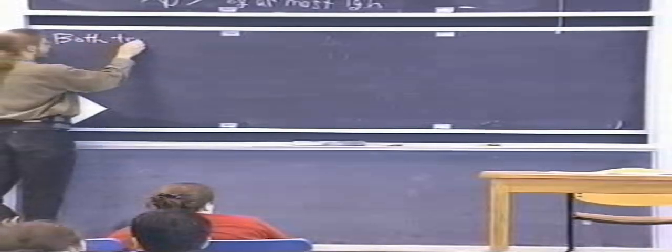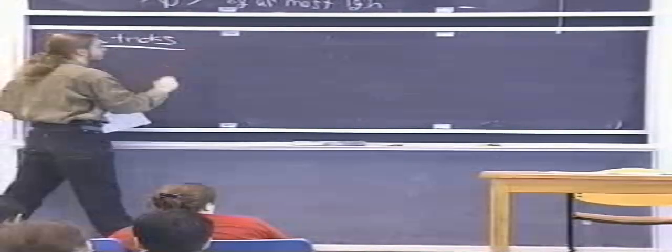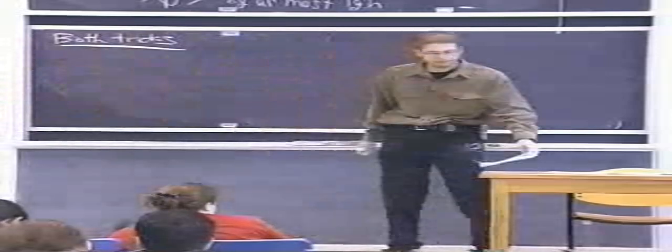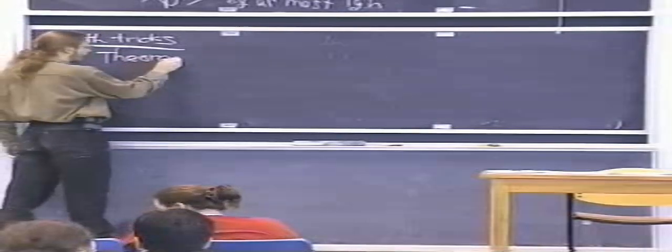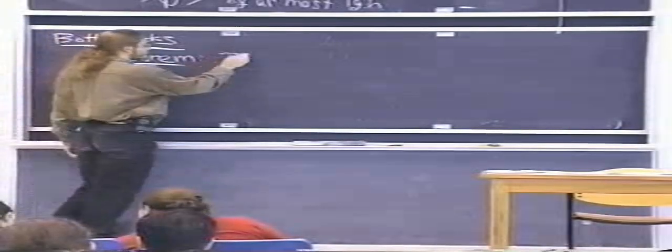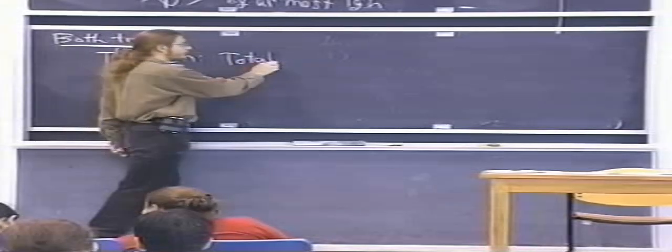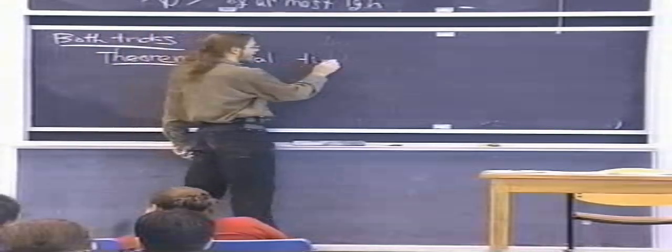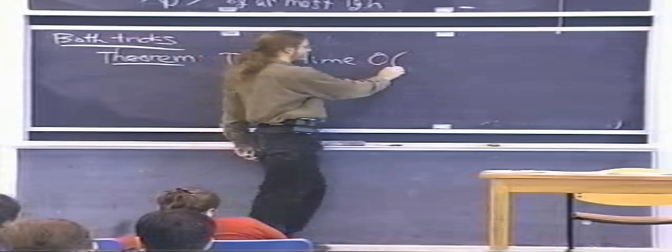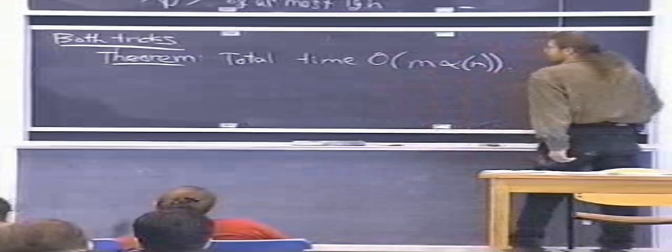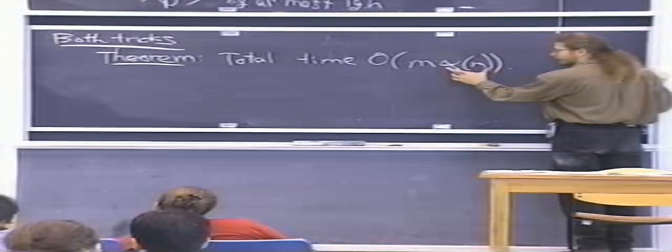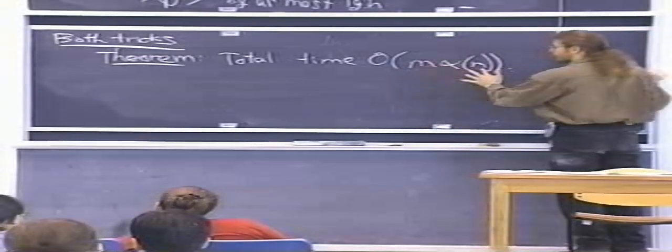Suppose I have both tricks. Okay, then the theorem is that amortized, each operation takes alpha of n time. Okay, but I haven't defined alpha, so it's not a very exciting theorem yet. So this is amortized, each operation is alpha of n. In total, it's the number of operations times alpha of n. The question is, what is alpha?